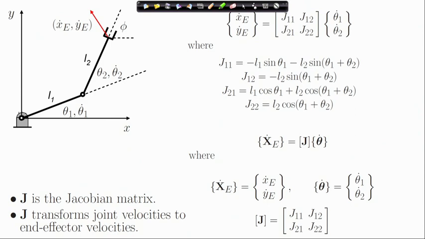Then the question arises, how do I relate the end effector velocities to the joint velocities? In the relation that you see here, given the joint velocity vector, you can find out the end effector velocity.